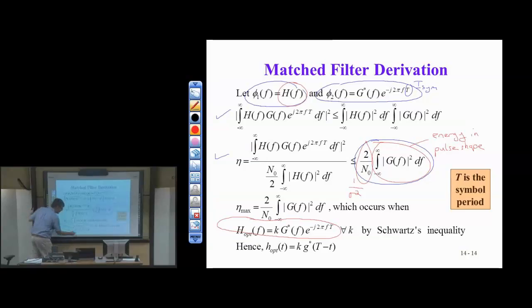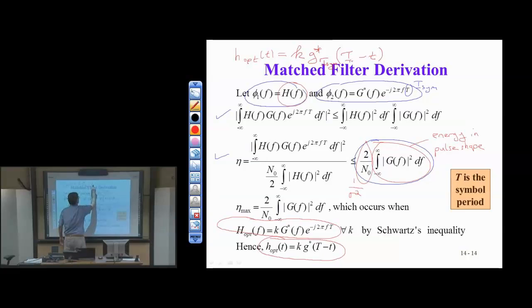If we do the inverse Fourier transform of that, we end up with what I started with, which is that the optimum impulse response of the match filter is a gain times a conjugated, flipped, and slid pulse shape.